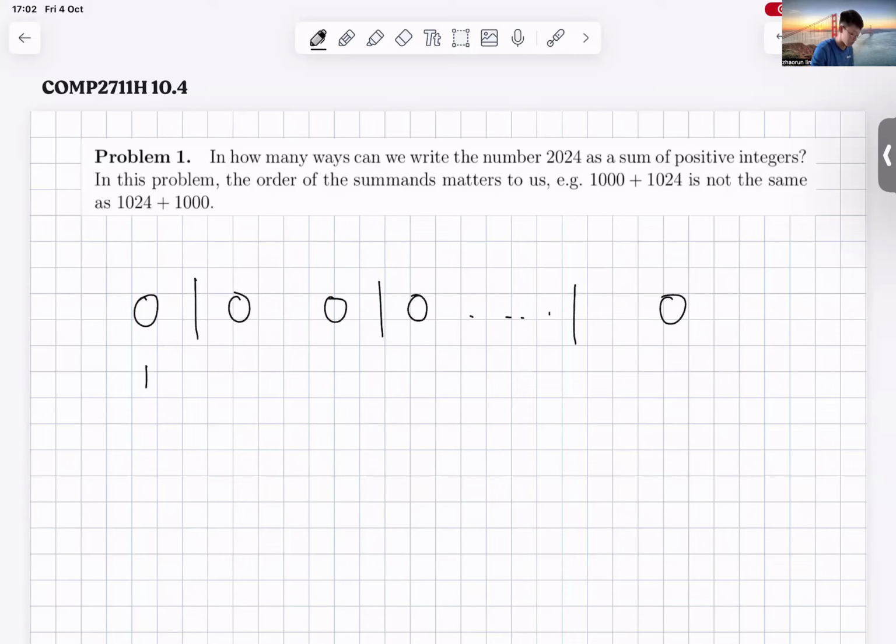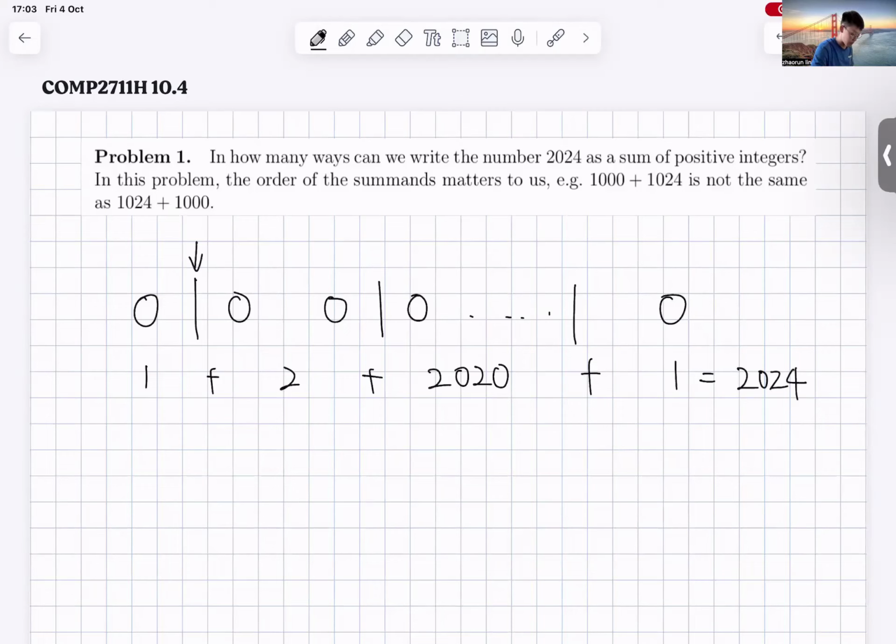So this corresponds to 1, and this corresponds to 2. And let's say this corresponds to maybe 2020. And this is 1. And then we have it, the sum of it is 2024. So this is how we approach this problem.